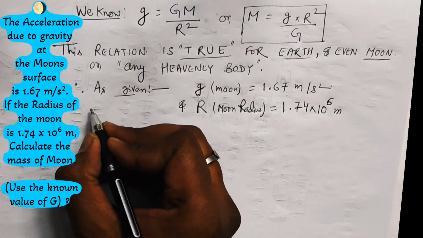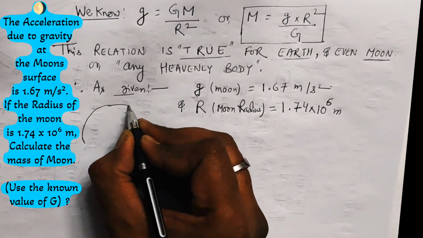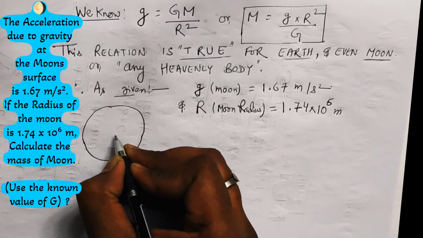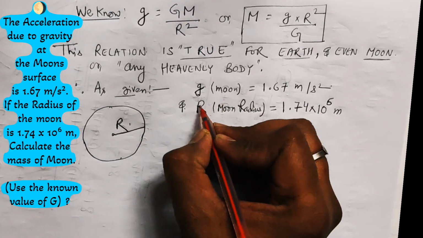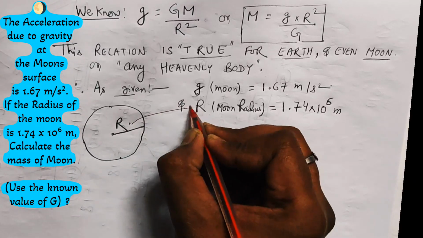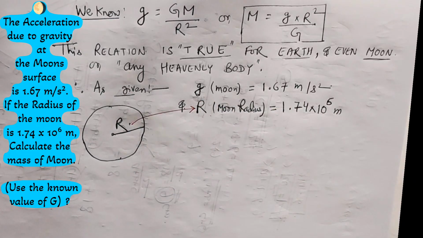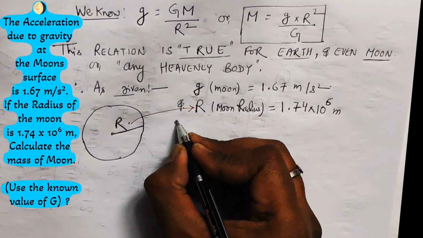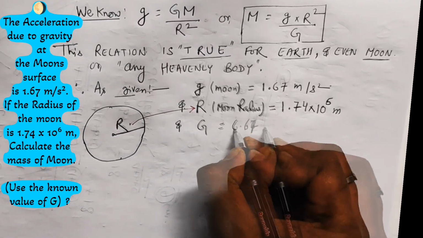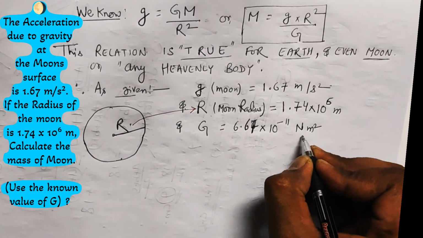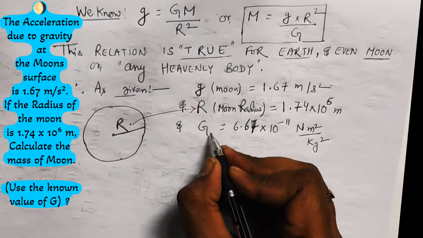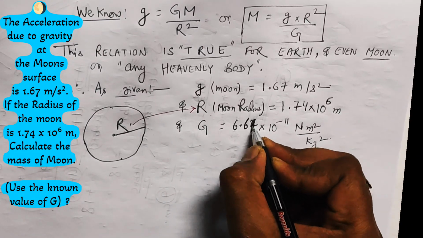Yeah, fine. So if this is the moon, right, and this is the R, that is the radius, capital R, then we can say capital R is 1.74 into 10 to the power 6 m, and capital G is known as 6.67 into 10 power minus 11 Newton meter square per kg square.